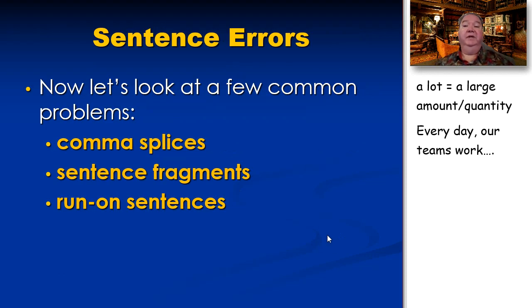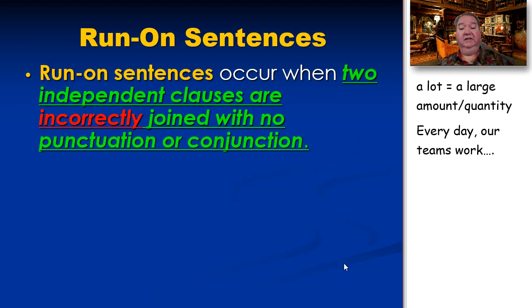So, we said we were going to look at common problems. We're going to look at comma splices, sentence fragments, and run-on sentences. So let's look at the third one here, the run-on sentences. A run-on sentence occurs when two independent clauses are incorrectly joined with no punctuation or conjunction.